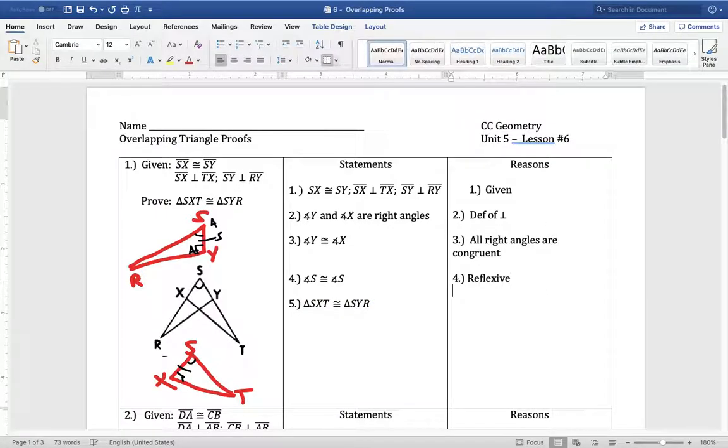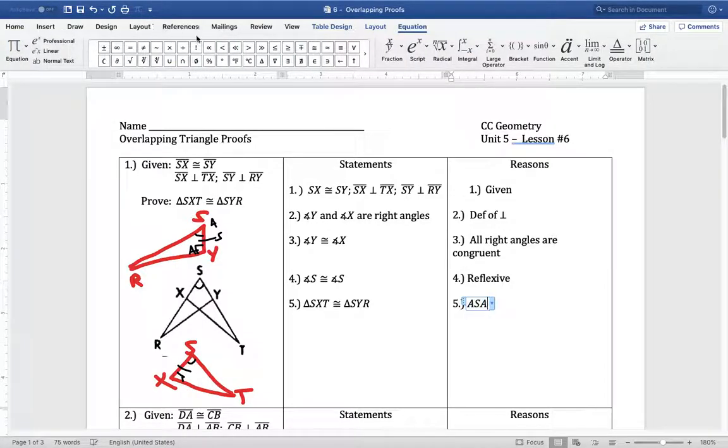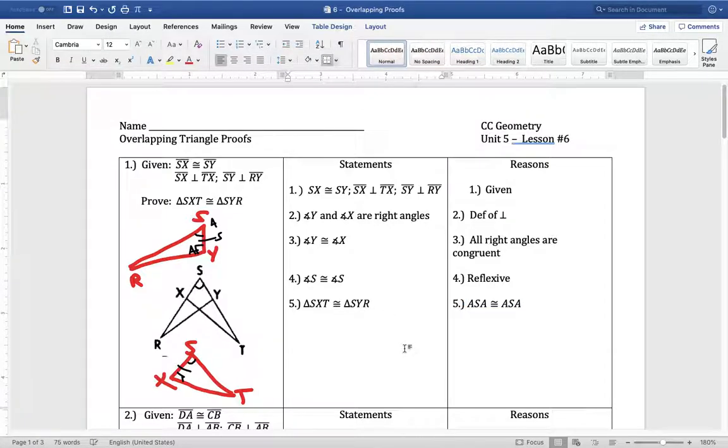And the reason for this is angle side angle is congruent to angle side angle. Sorry about the typing out of all of this in the beginning, but I think we got it to work now.